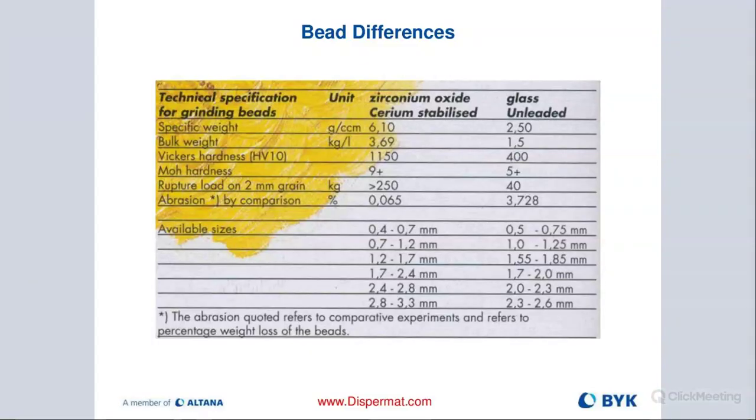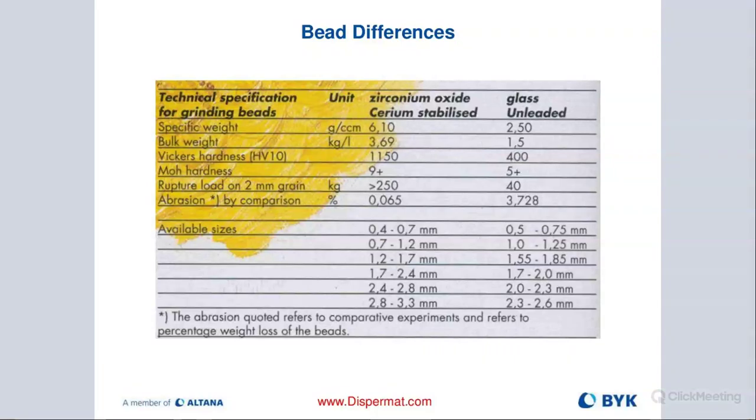Hardness is also really important because we are milling with these beads. There's potential when they collide that there could be shattering or breaking up, especially when we're dealing with glass beads. They have a hardness of 400 versus almost 1200 for a zirconium oxide bead.